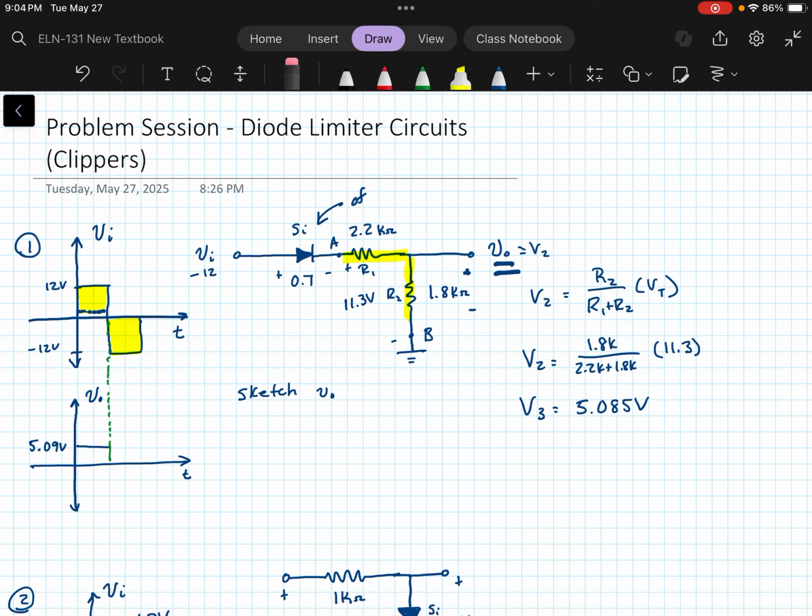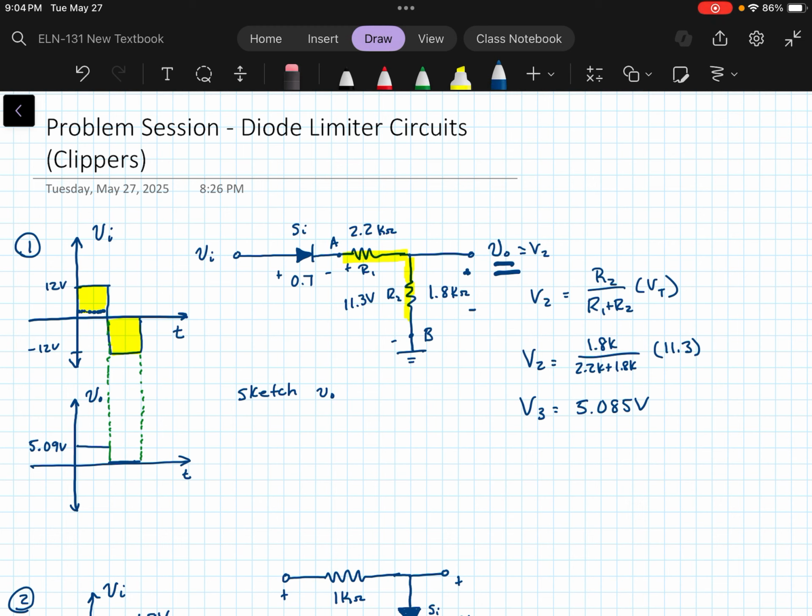So if this diode is off, we essentially have an open circuit from the input to the output, so we don't have an output. So we would just be at 0 here.